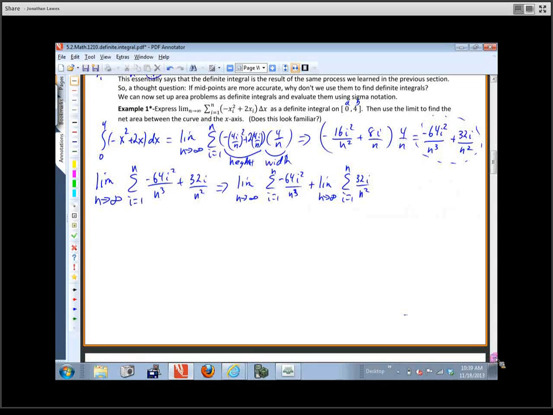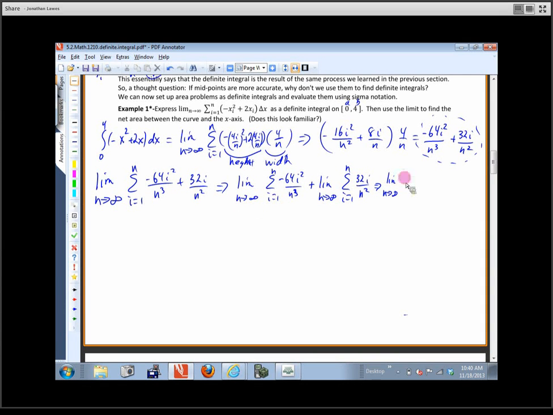Okay, so I'm going to rewrite one more time, and then we're going to have it in a format that we can really do some work here. So this is going to be the limit as n approaches infinity. Now, what's the only variable in the summation? In the summation. Isn't it i? n is a number that we determine out here. Okay?